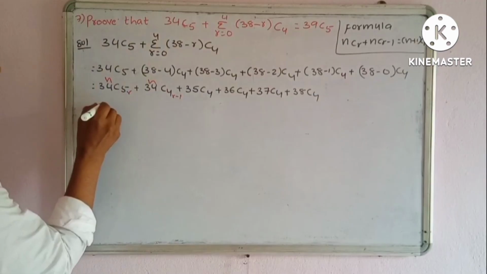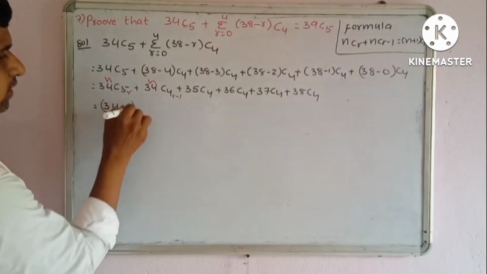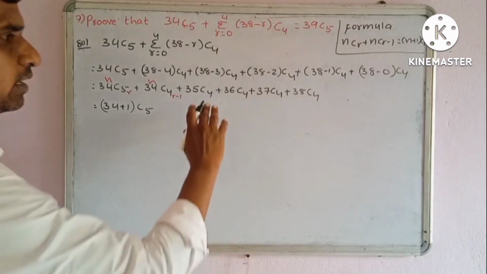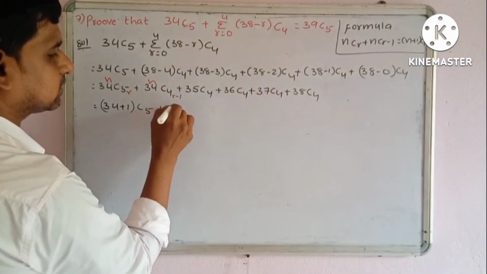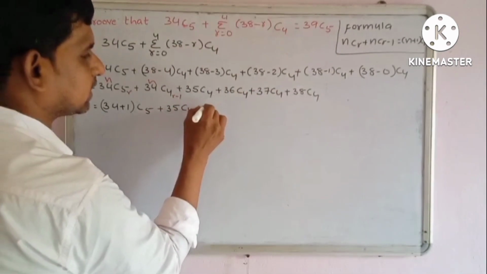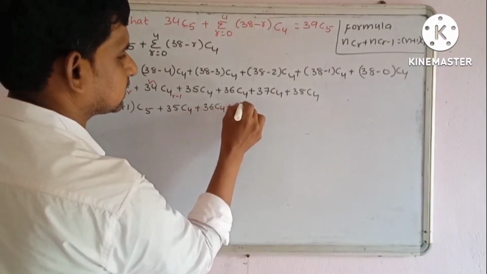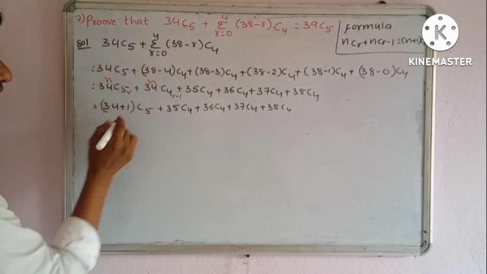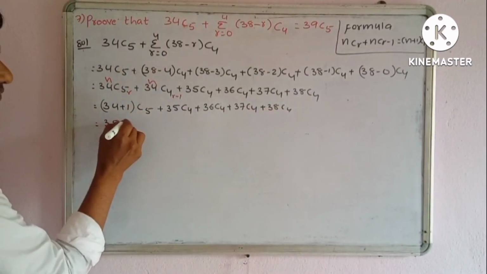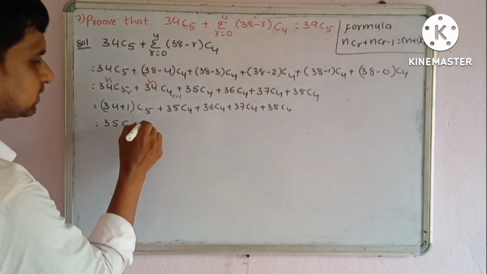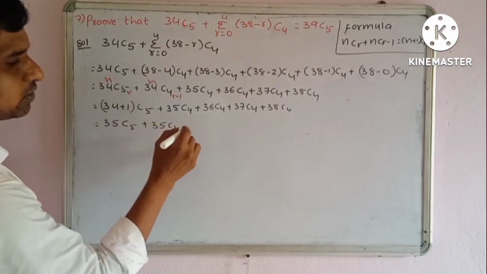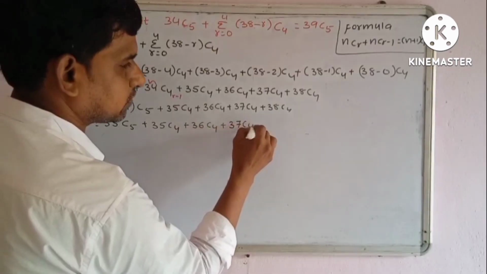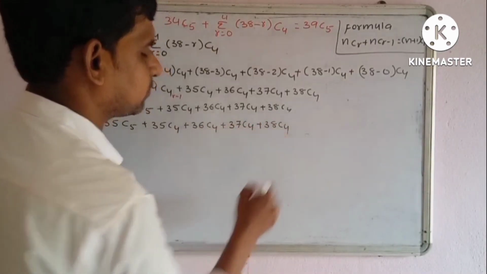So 34 plus 1, C r value 5, remaining terms as they are: 36C4, 37C4, 38C4. 34 plus 1 is 35C5, plus 35C4 plus 36C4 plus 37C4 plus 38C4.